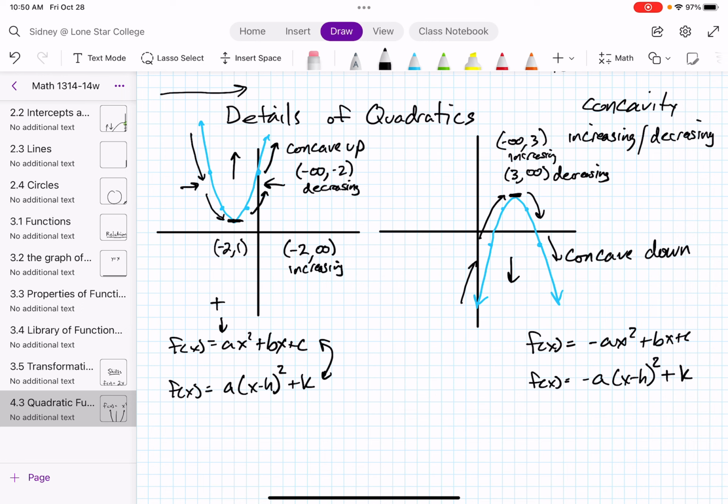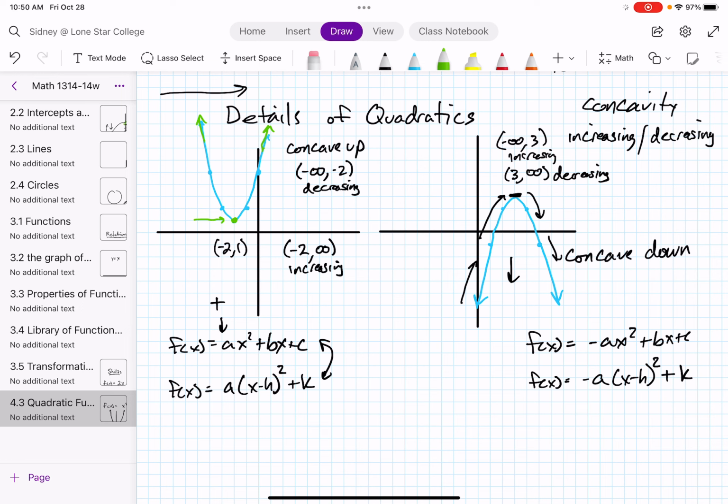Lastly, we're going to talk about maximum and minimum values. So when a parabola is concave up, let me erase some of these details here. When a parabola is concave up, it has what's called a minimum value. It bottoms out. It is the lowest point. Now, the highest point, let's be real clear, it goes up forever. But it does have a minimum value, a place where it bottoms out.